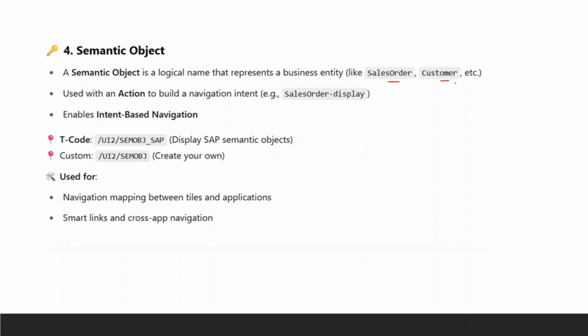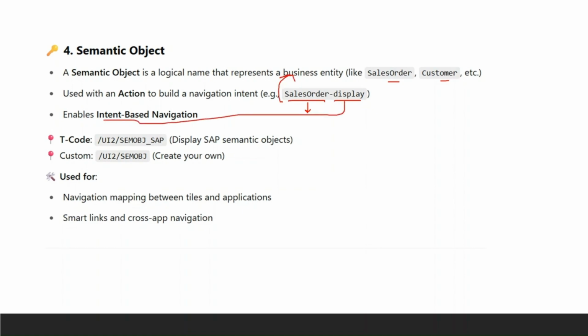Suppose customer is a business concept, a semantic object, hyphen display is the intent, or sales order hyphen create, to decide what the user sees. So if it is written as sales order display, sales order is your business entity, and display what?